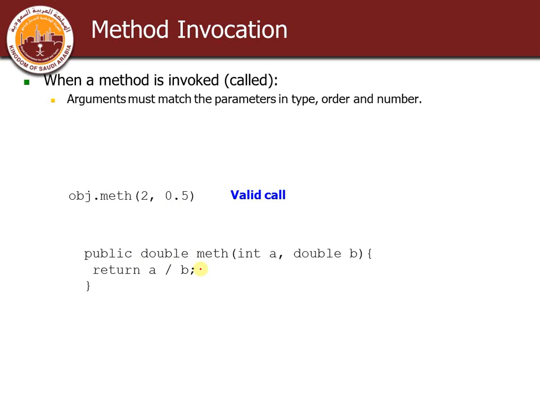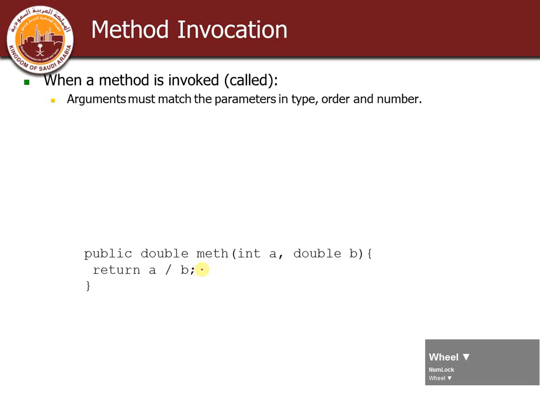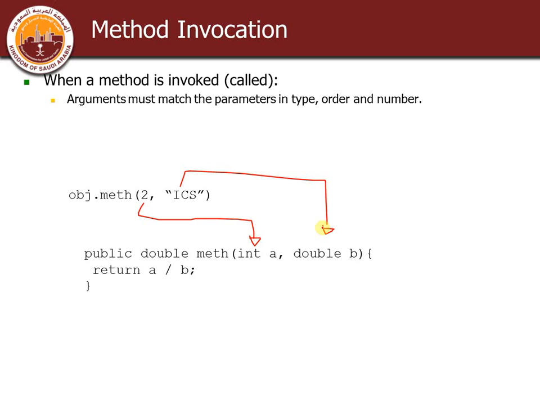But you have to be careful, because if you do something different, like this, for example, the first one is okay, there's no problem, I'm sending in an int, but the second one has a problem. We cannot implicitly convert the string ICS into a double, so this is going to give us a problem when we call this method.